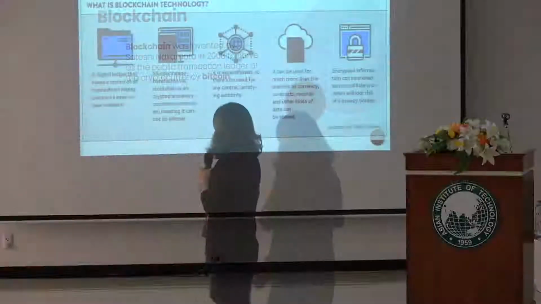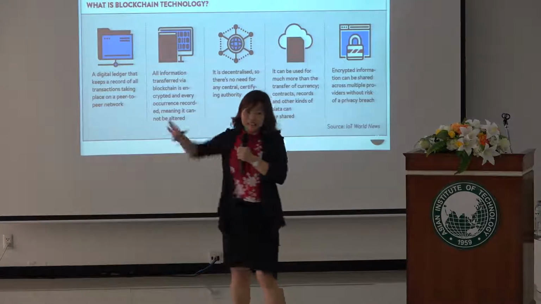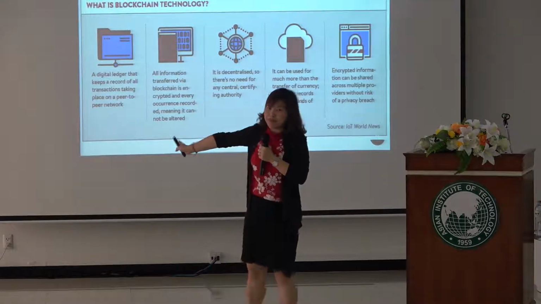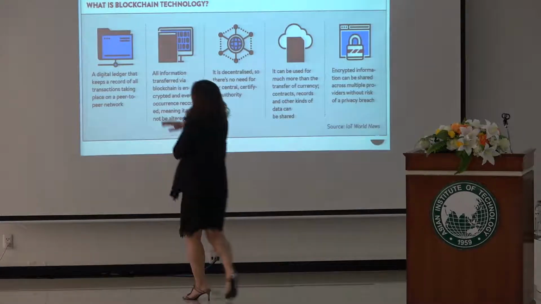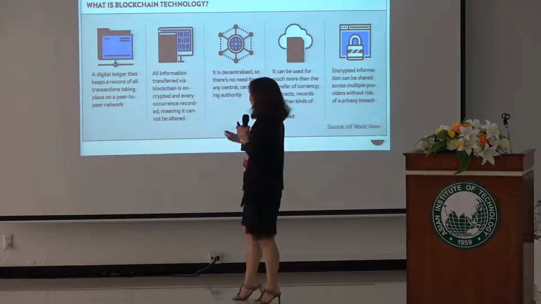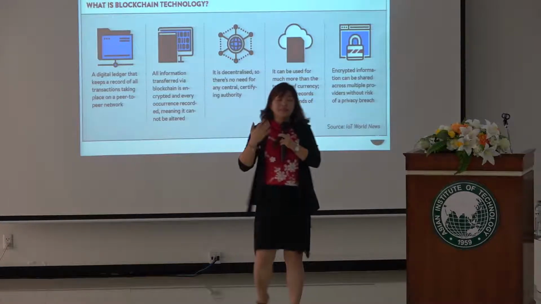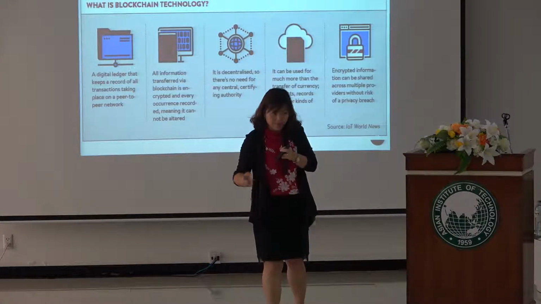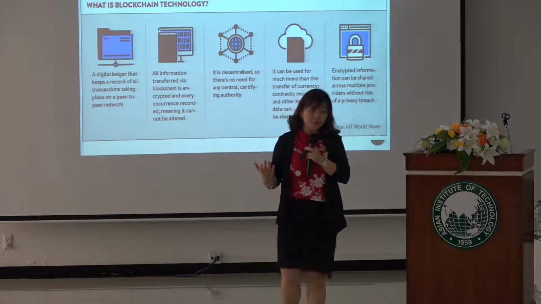Okay. All right, so a little bit about blockchain, just some basic concepts related to blockchain, okay? It is the digital ledger that is used for keeping a record of all transactions taking place on a peer-to-peer network. We will talk about this term. Peer-to-peer network means a network of computers.